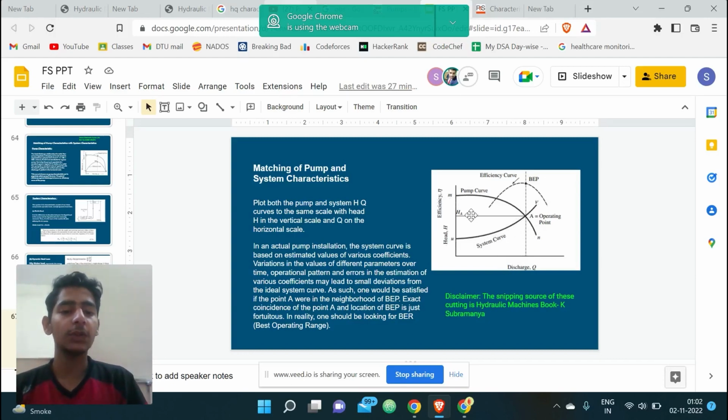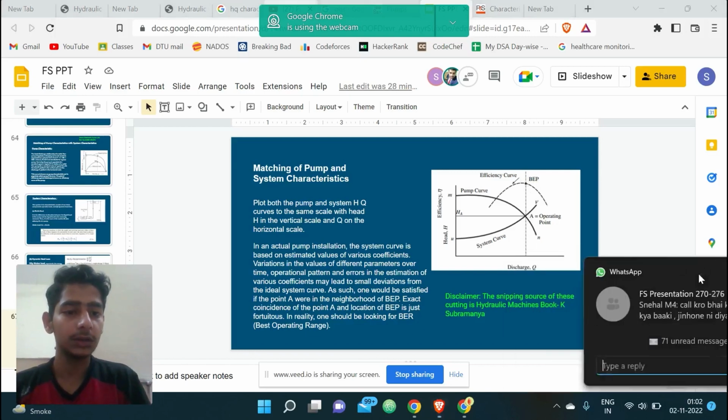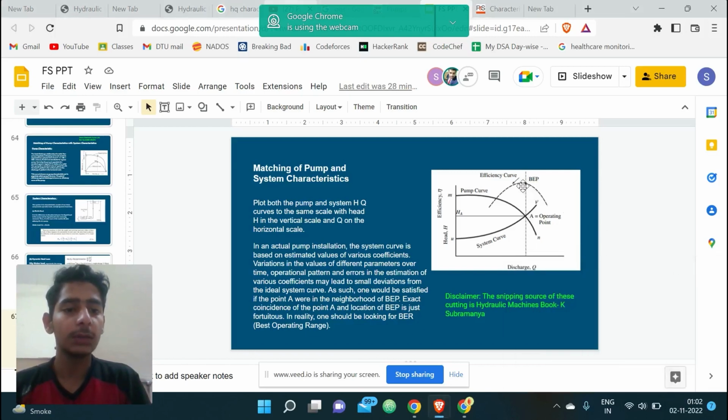The intersection point between the system characteristic and the pump characteristic is obtained from this figure. This is not equal to the best design point for the pump, but it is slightly different due to the system curve and the losses in the pipes.